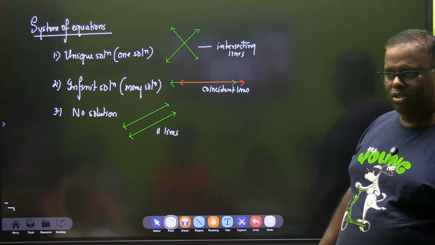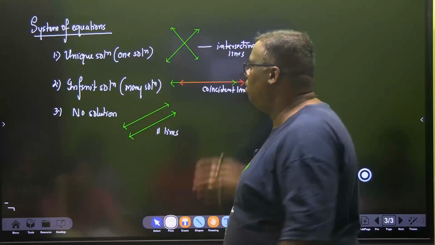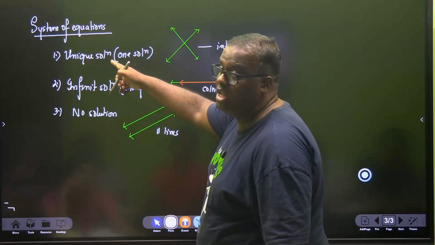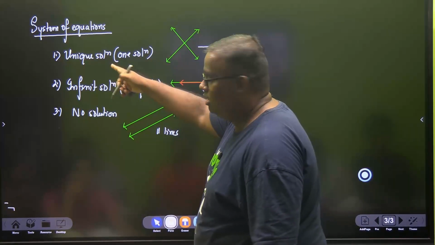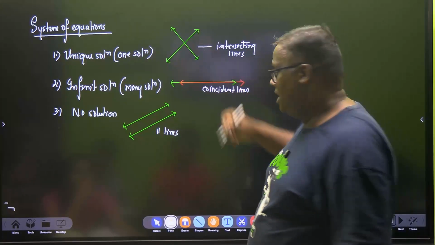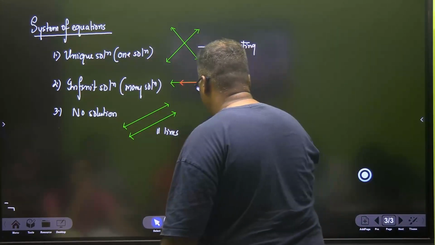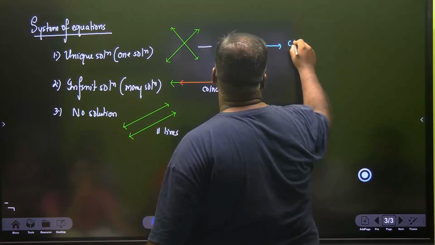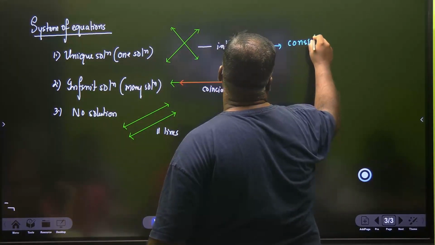Do you agree or not? If the system of equations has solution, look, this is how you name it in terms of solution, right? This is how you name it in terms of lines. If the system has got a solution, then that system is always known as consistent.